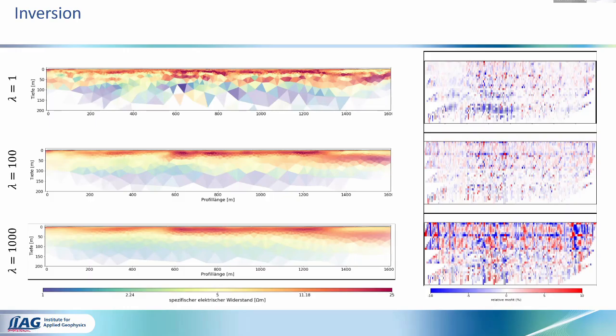So if someone comes along with a result like this, you can ask him, how does your data fit look? And he needs to answer, okay, I'm fitting my data within the uncertainties of the data. This would not be the case here because there is structure in the misfit. There's some data I cannot explain by my forward model.